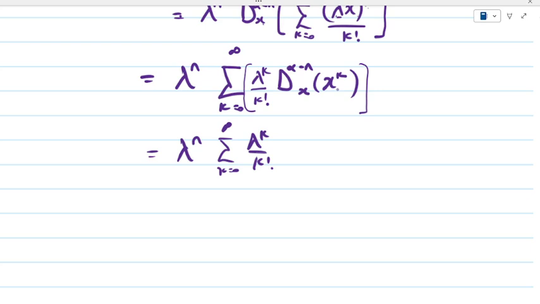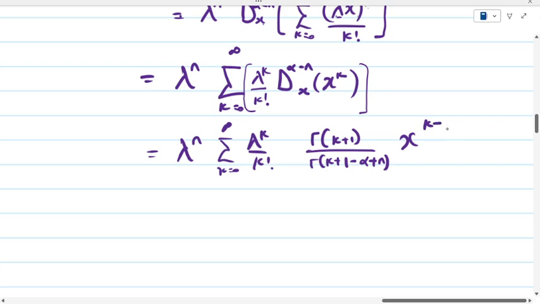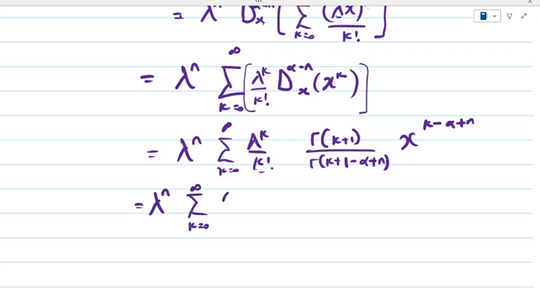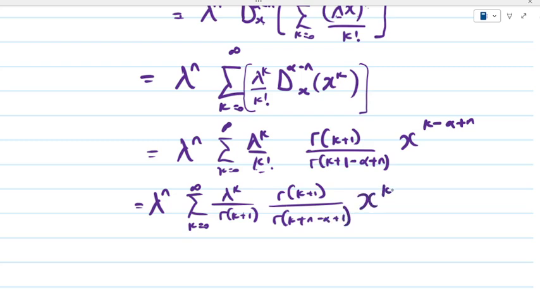If I find the fractional derivative of x raised to power k, I will have gamma k plus 1 over gamma k plus 1, then the other derivative order, minus alpha minus n, which will be plus n, so x to the k minus alpha plus n. Taking the gamma function of k factorial, that will be gamma k plus 1, then we have gamma of k minus alpha plus n plus 1.